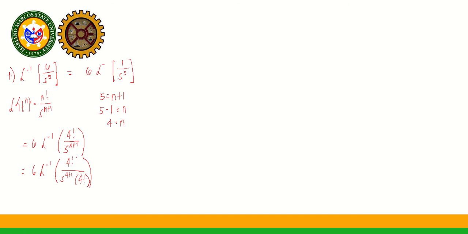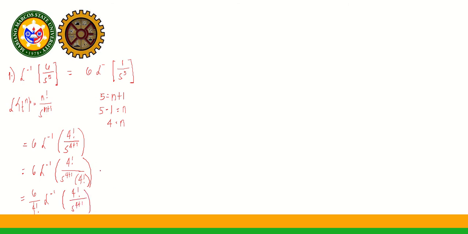If that will be equal to 1 over s raised to 4 plus 1, then na-justify natin tong original na equation natin. So since constant to, we can isolate this one. So this will become 6 over 4 factorial the inverse Laplace of 4 factorial over s raised to 4 plus 1.